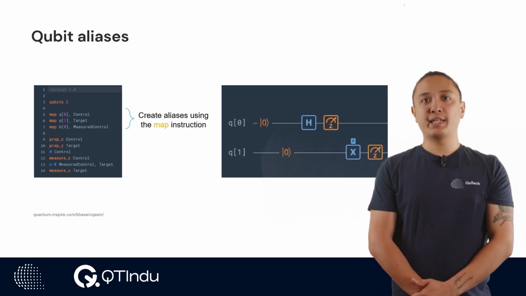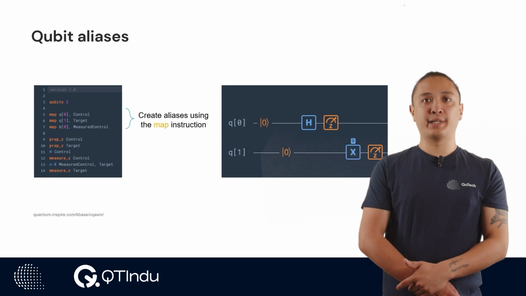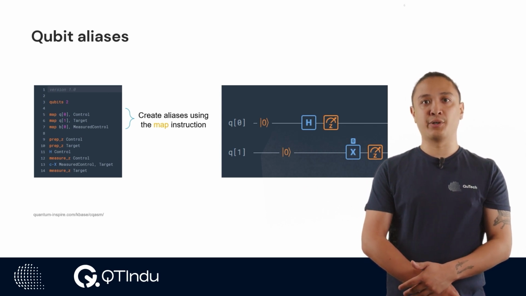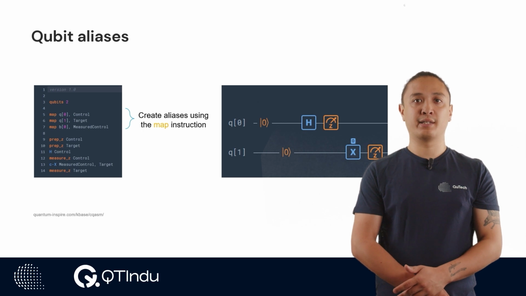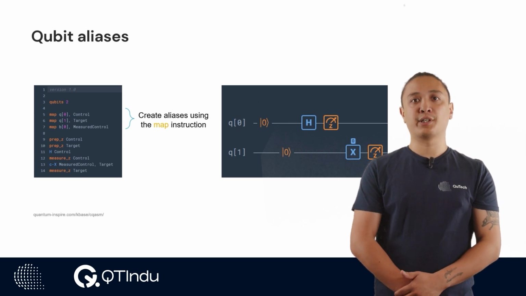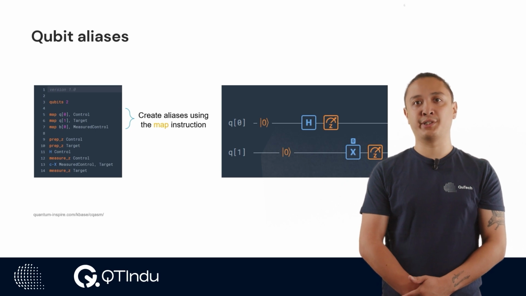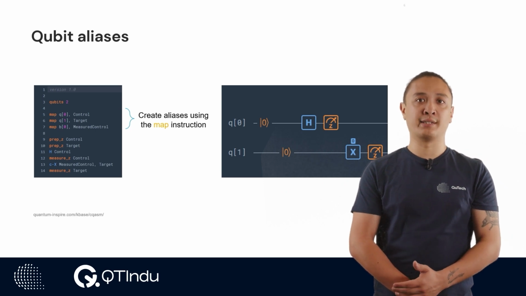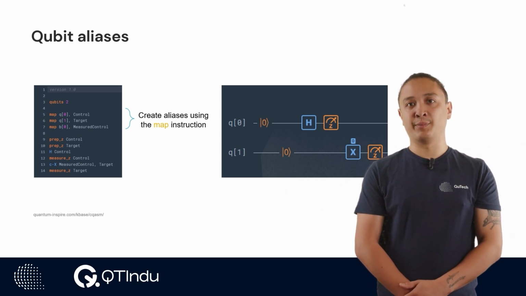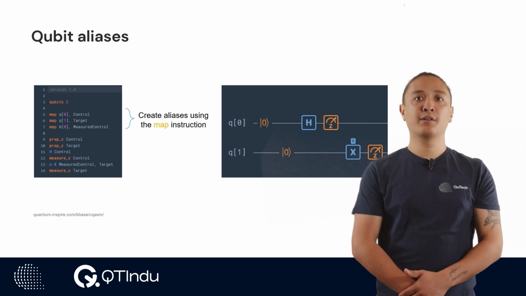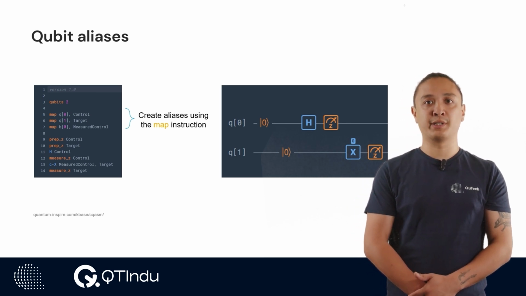Another nice feature of CCASM is the ability to create qubit aliases using the map function. This is done as shown in command lines 5, 6, and 7. We start the command with the map function, followed by the specified qubit or binary register and the keyword that we choose as its alias. In this example, we first prepare both qubits, then perform a Hadamard gate followed by a measurement on the first qubit.